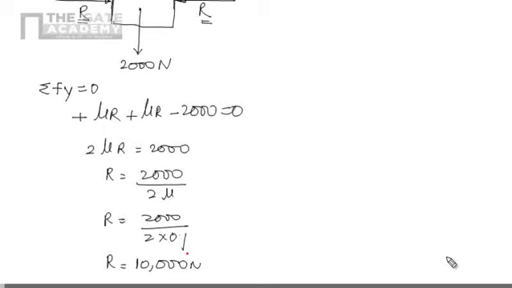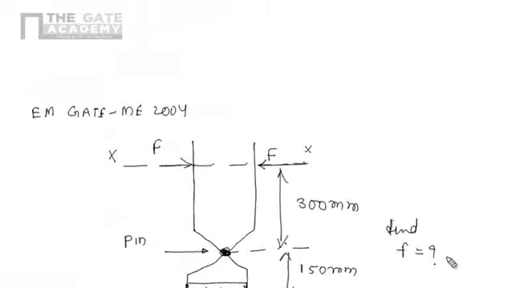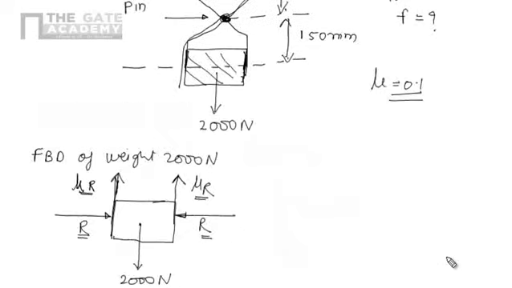Now we are interested in the free body diagram of one link. We can draw the free body diagram for either link. Let's draw the free body diagram for this link. So now we have this kind of link, and here we are applying the force F, and this surface. Now we have to draw the free body diagram.